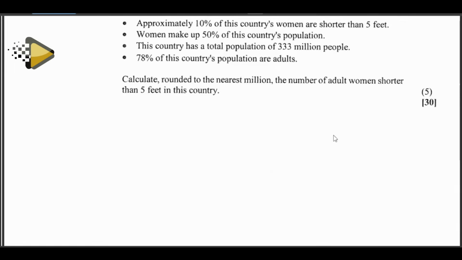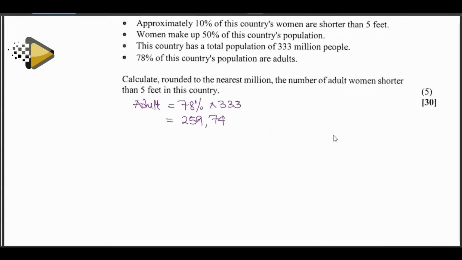First and foremost, we shall look for adults. That's the first mission that we have, which will be 78% of the population. Are we together? So if it's 78% of the population times 333, you get your answer as 259,74. Don't mind about the million for now.